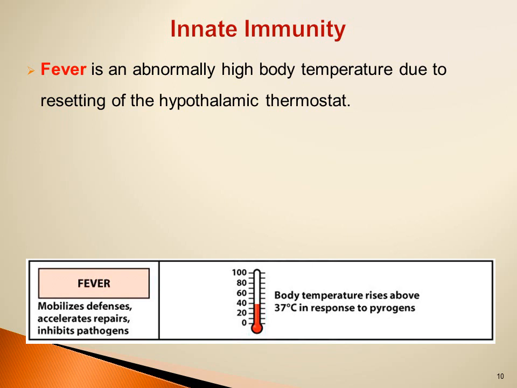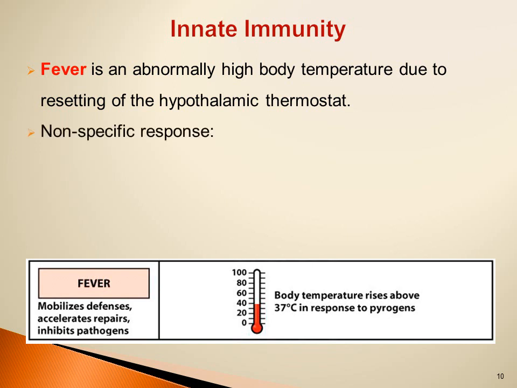Fever is an abnormally high body temperature due to resetting of the hypothalamic thermostat, and you'll discuss the regulation of body temperature, and you will know more about the hypothalamic thermostat at the end of this course.